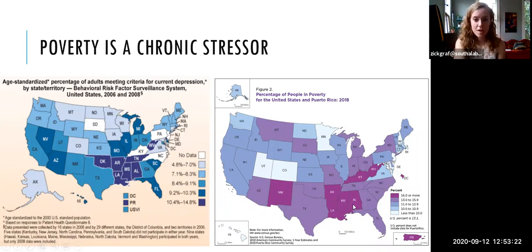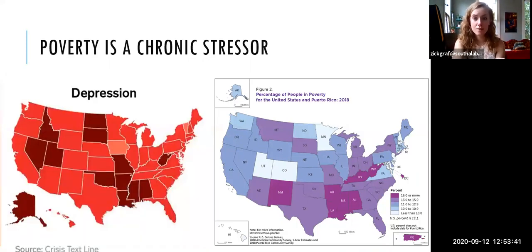So states in the Deep South, especially Mississippi, Louisiana, and Alabama, are the poorest states in the United States, along with West Virginia. And these poor states also have the highest incidence and the highest prevalence of depression. So they did in 2006 and 2008, and they still do between 2016 and 2019.